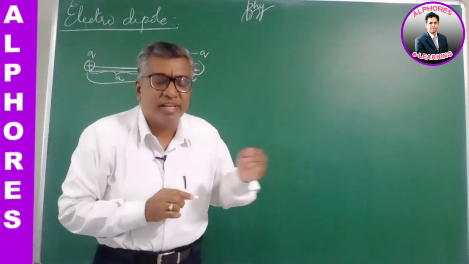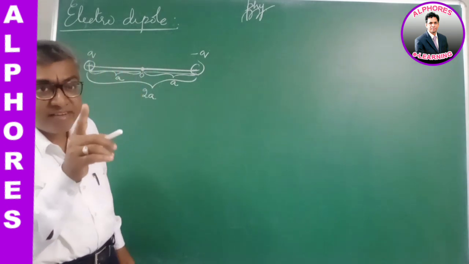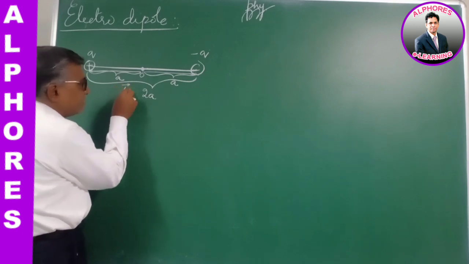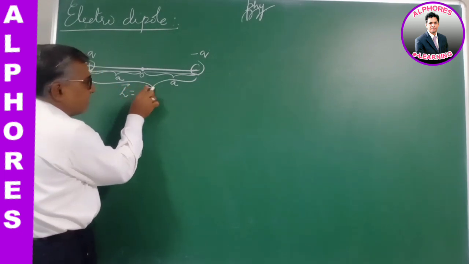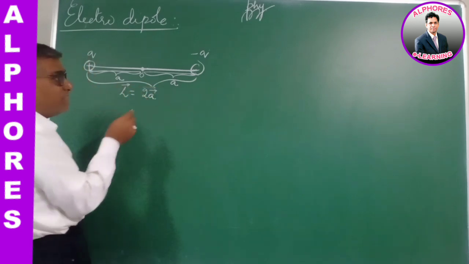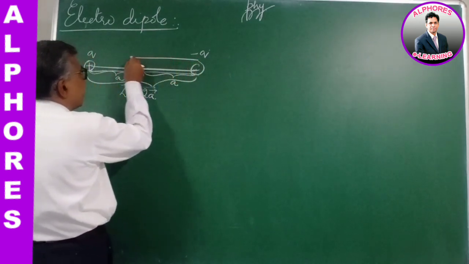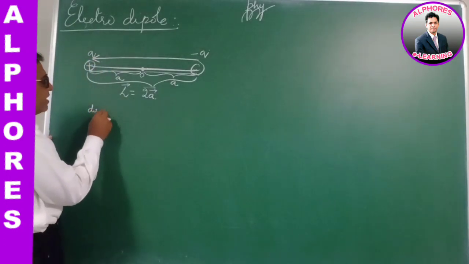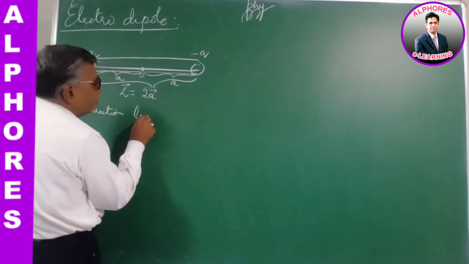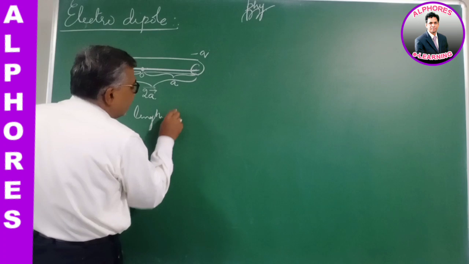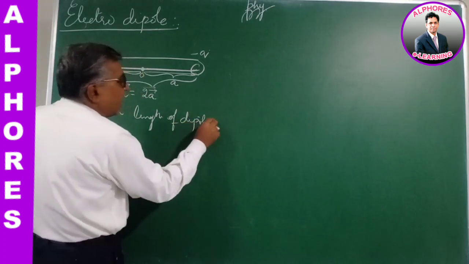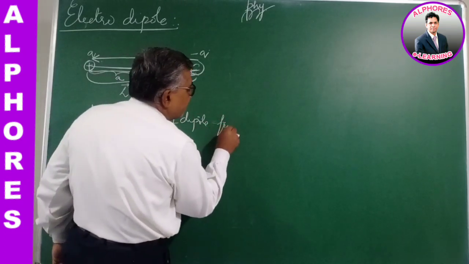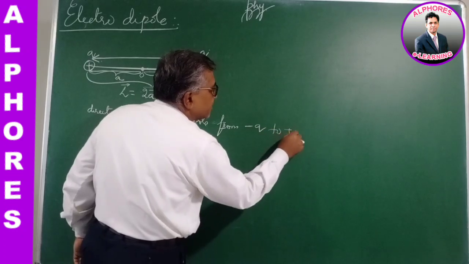The length of the electric dipole is a vector quantity. The length of the dipole, L bar, is a vector, 2A vector. The direction is from the negative charge to the positive charge, from minus q to plus q.